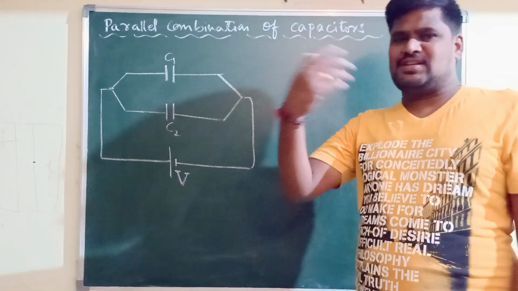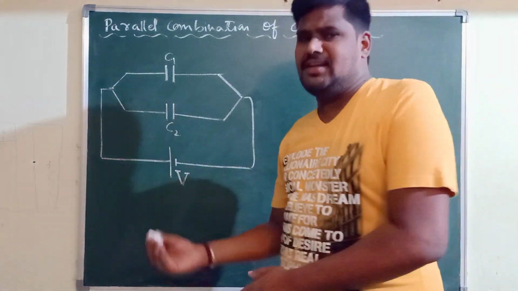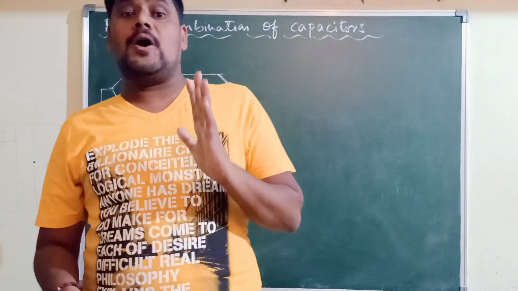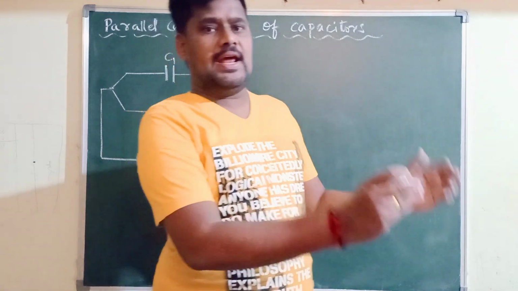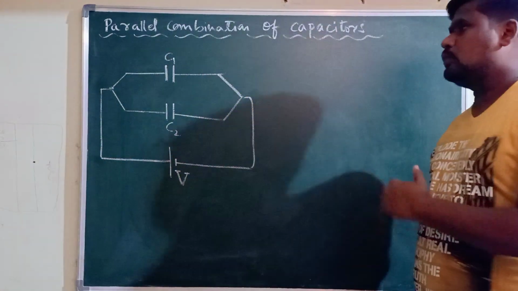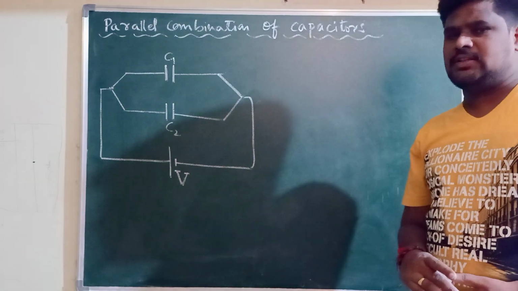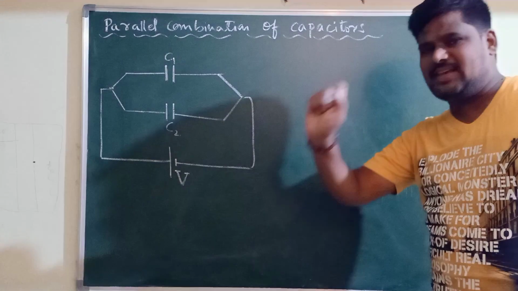But in the case of series combination, when the number of capacitors were connected in series, the charge stored by all the capacitors was the same. In series combination, all the capacitors were storing the same charge. But in parallel combination, the charge stored by the capacitors will not be the same here.